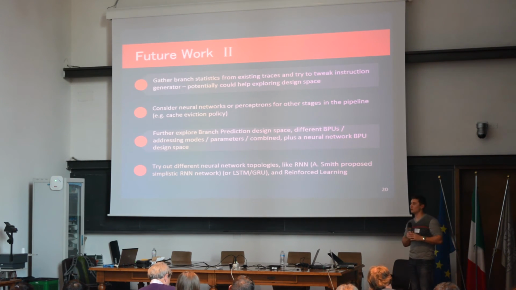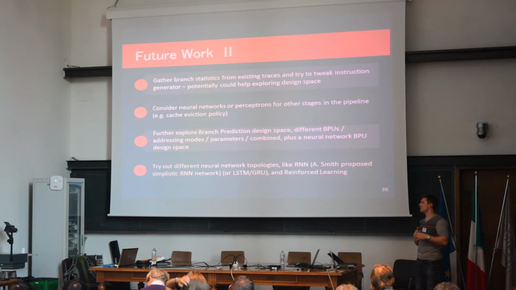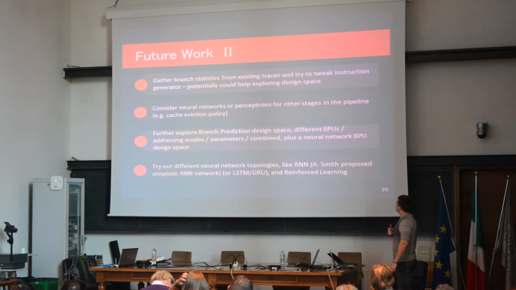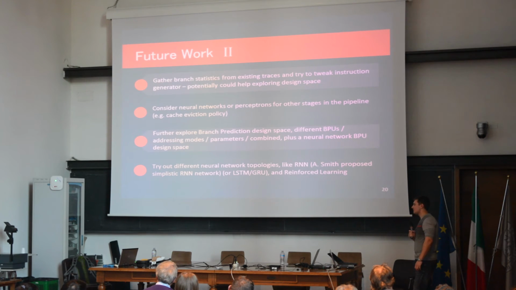Maybe it will allow us to select certain types of predictors for the combining units better, or anything like that. Also, of course, there is the need to explore the design space better because it's really huge and multidimensional, and it needs to be done.